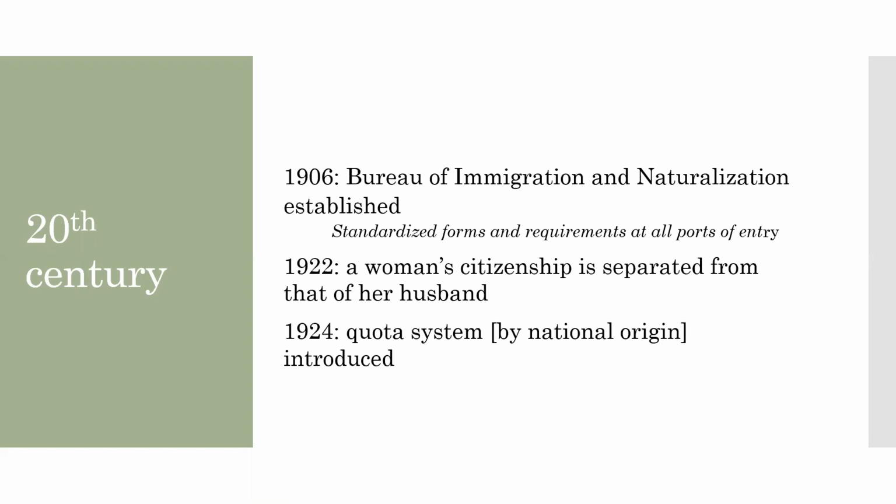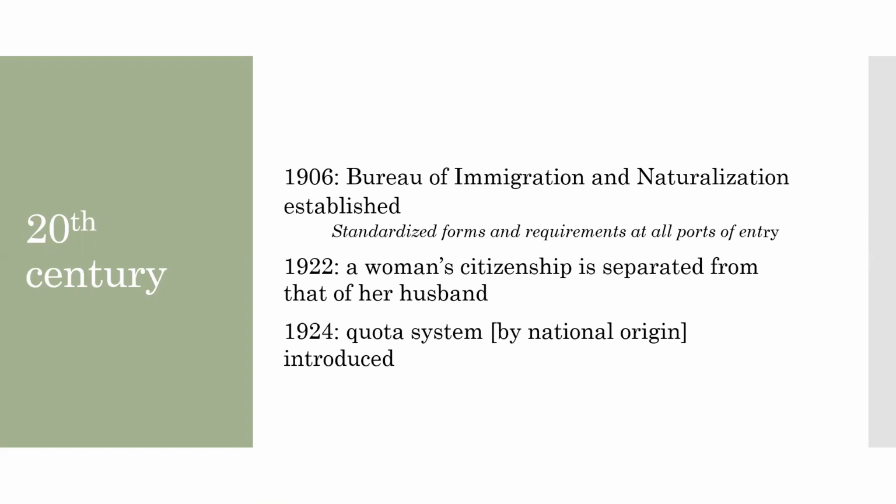And the declaration of intention and the naturalization did not have to be in the same court either. And so that can make finding pre-1906 naturalizations quite difficult. After this point, it's standardized and the naturalizations are all federal records after 1906.